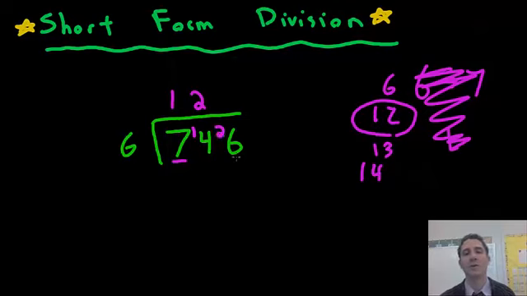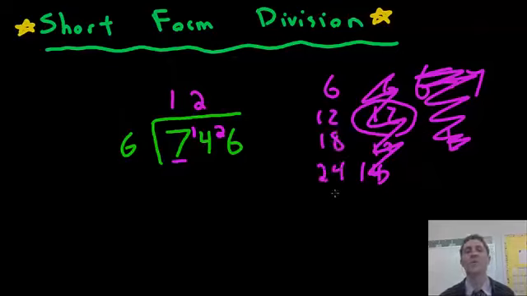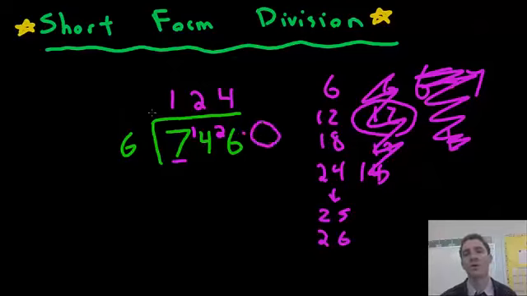Now, will 6 go into 26? Yes, it will. Let's count it out: 6, 12, 18, 24. One more 6 would be 30, that's too many, so it went in there 4 times. 24 was 2 away from 26, so I had 2 left over. There's no number over here to put the 2 in front of, so I just have a remainder of 2.